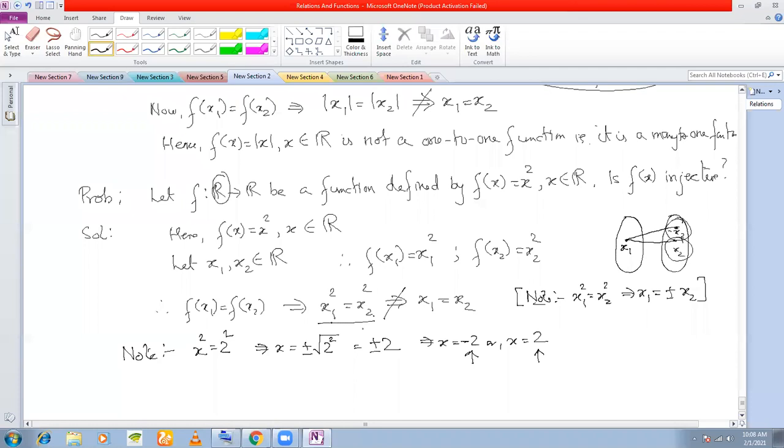When x1 cube is equal to x2 cube, you were saying that x1 is equal to x2. But this is a very important example where x1 square is equal to x2 square, but x1 not equal to x2.